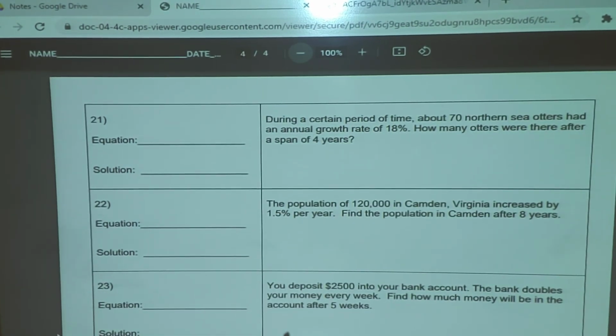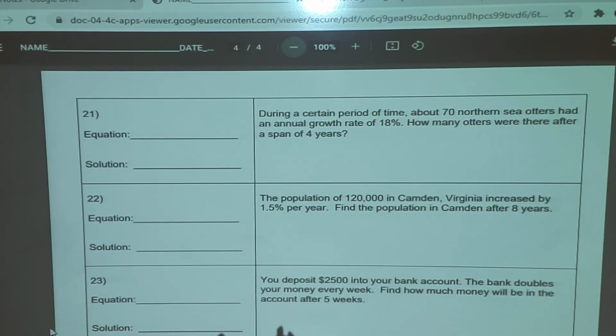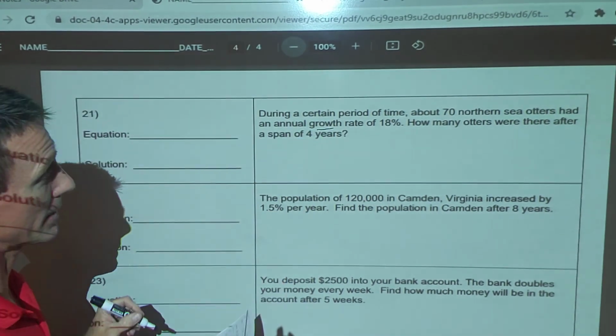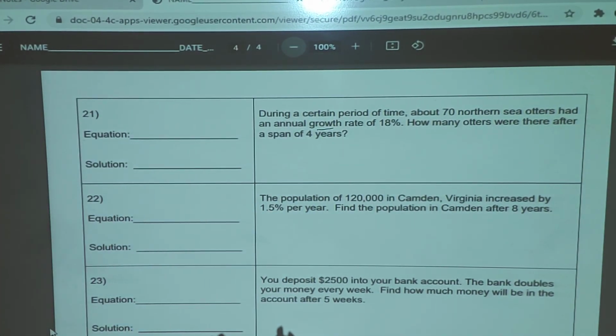Problem 21. During a certain period of time, about 70 northern sea otters had an annual growth rate of 18%. So we are increasing here. It's growing. How many otters were there after a span of 4 years?